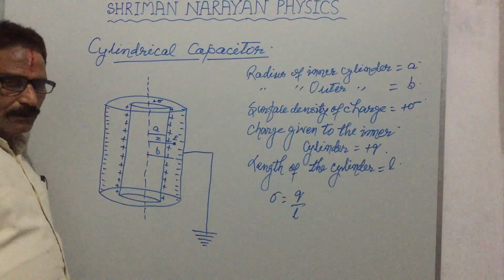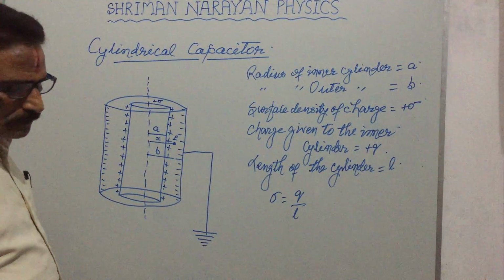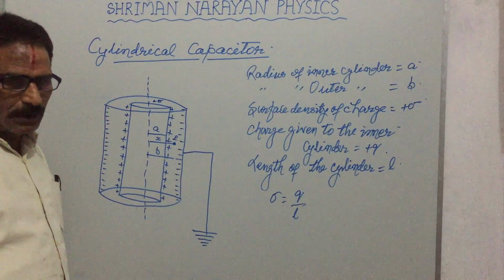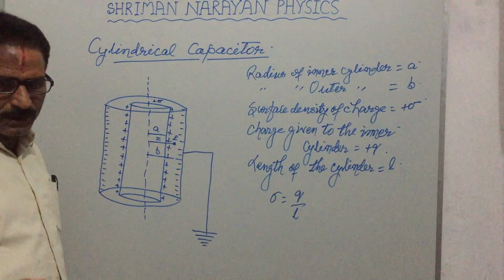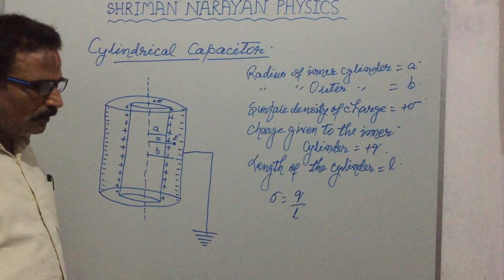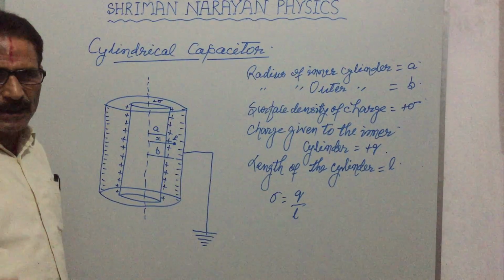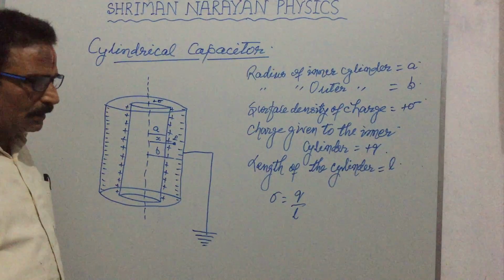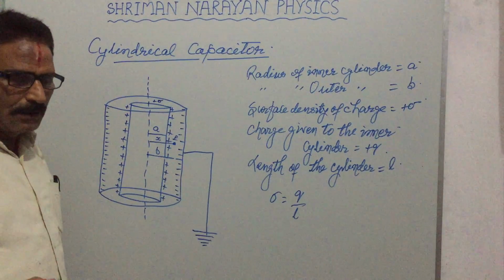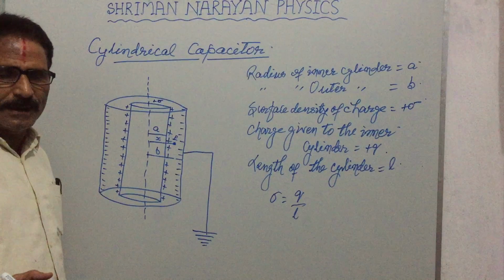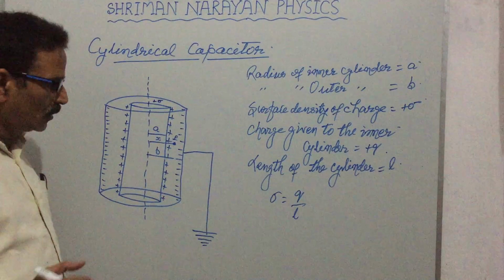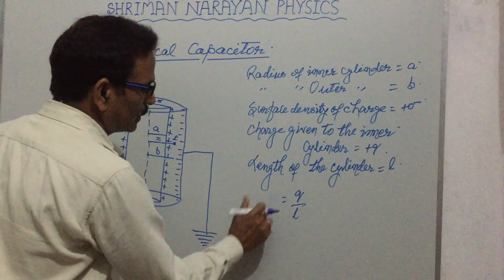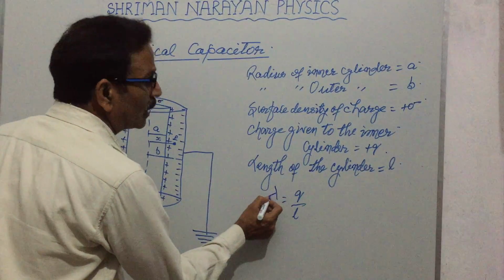Now this inner cylinder will behave somewhat like a line charge distribution. And you know, if you have a line charge distribution, then at a distance x from the line charge distribution, the value of electric field intensity is given as E equals lambda by 2 pi epsilon naught into x, where lambda is the linear density of charge.